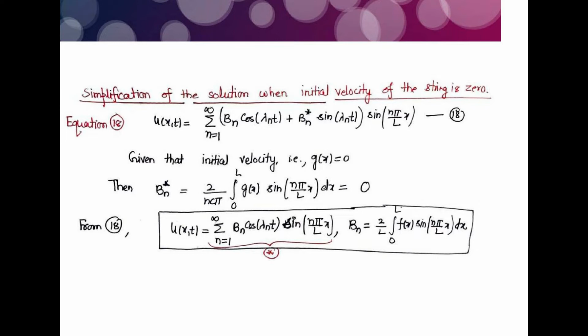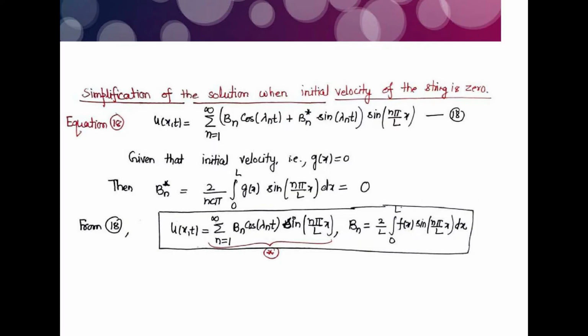So the deflection u(x,t) is given by, see the box on the slide, summation over n from 1 to infinity of capital Bn cos(lambda n t) sine(n pi over L x), and capital Bn is given by this formula. Now see this expression which I have marked as star.